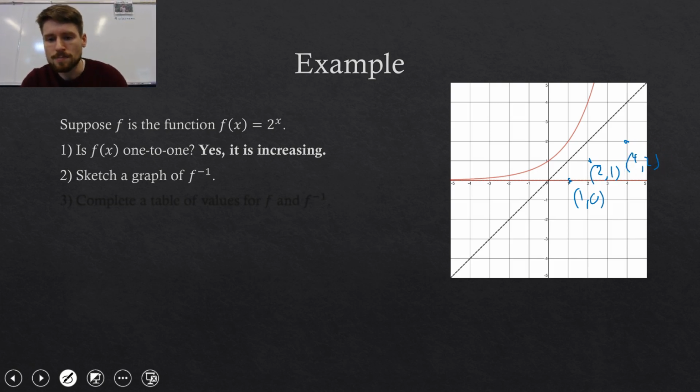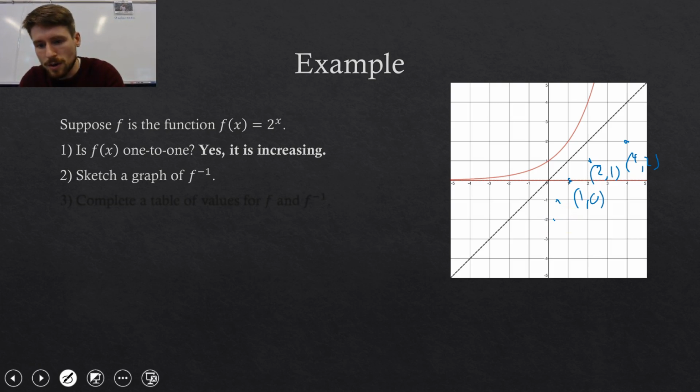Okay, getting the hang of it. This point over here, (-1, 1/2), becomes (1/2, -1). So we plot that right here. This point over here, (-2, 1/4), is now (1/4, -2).